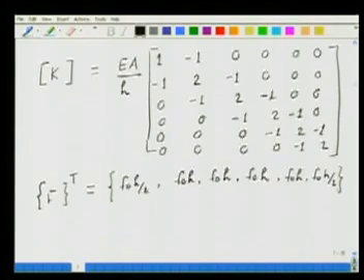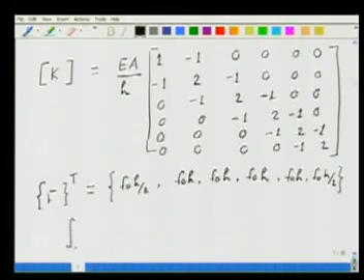Now comes the next part that we have to take care of. If you remember how we went about this, after we got the unmodified stiffness matrix and the load vector, then we took care of the Neumann boundary conditions first. Now in this problem, both ends have Neumann boundary conditions. So if I look at the weak form, you should remember the weak form also.